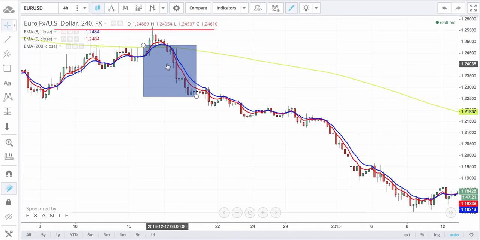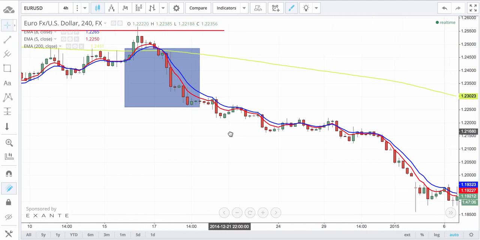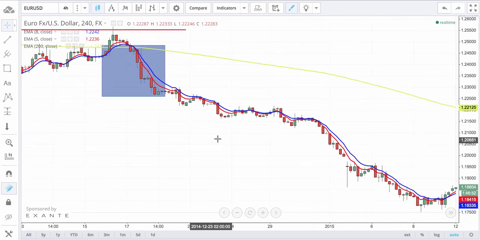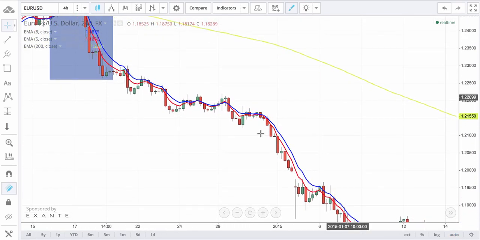As you can see, this is the 17th of December 2014, and we have this bearish crossover, and what I'm looking for is basically shorting the euro US dollar, and I might use this as a potential entry right here where we have a bearish crossover, but a lot of times I'm looking for just a confirmation and a small retracement and then another bearish crossover in the direction of the main trend.